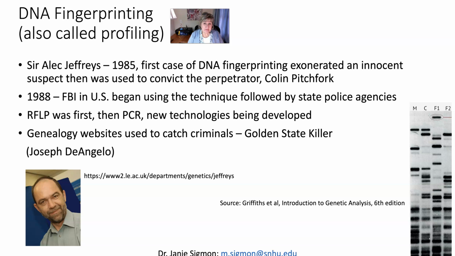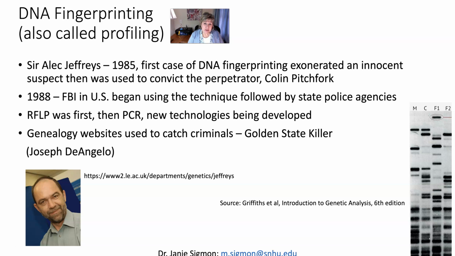And finally, some of the last things that have been happening with forensic science and DNA is that genealogy websites have been using DNA and DNA profiles to catch criminals. For example, the Golden State Killer, Joseph DeAngelo in California, where he murdered quite a few people and had gotten away with it for about 40 years.